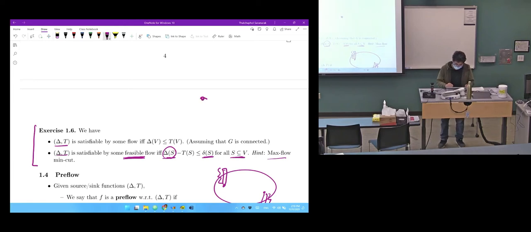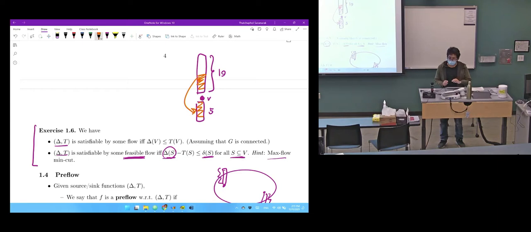If this node has a source of 10 and a sink of 5, then you can just say that from the beginning, 5 of them are absorbed here. And if the sink is 15, then you really don't need to do much about this node. Just move all the source to the sink at the same node.